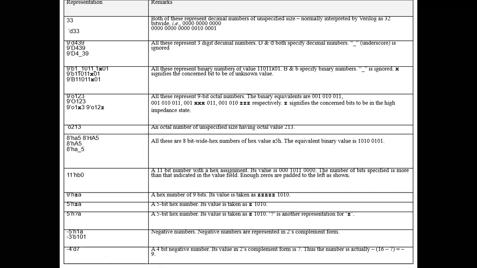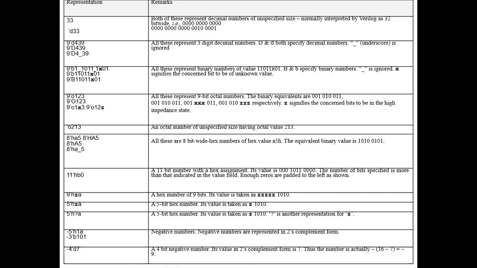Here we have to remember one thing. Verilog is a case sensitive language. That means capital A is different from small a in the case of identifiers. But here there is an exception regarding the numbers.